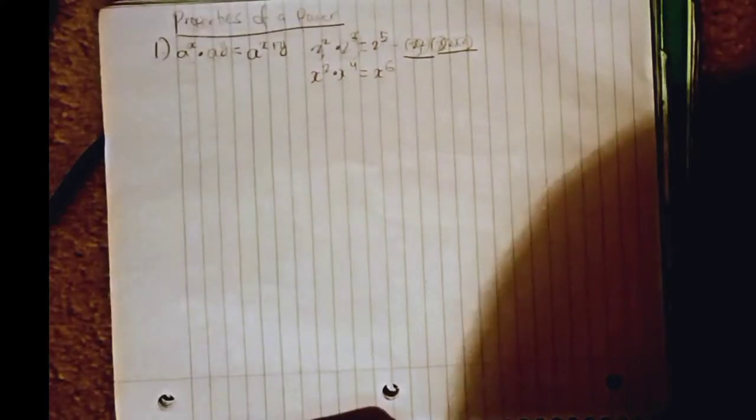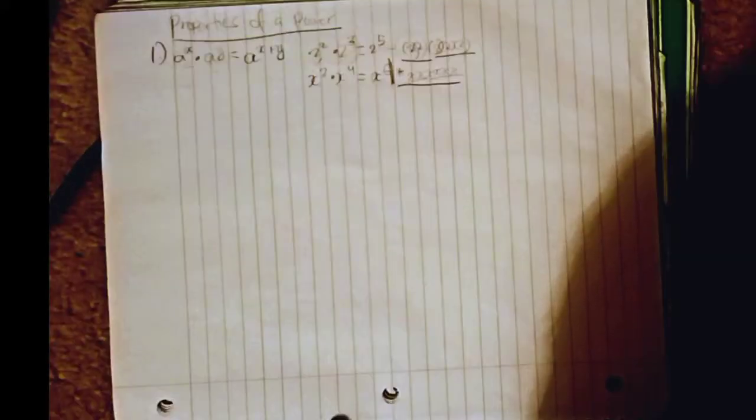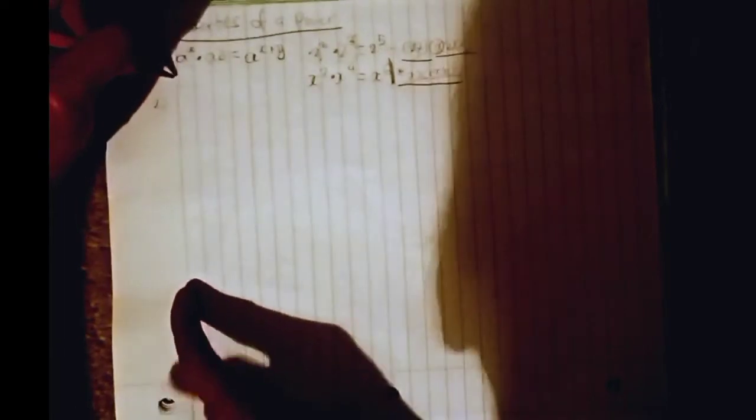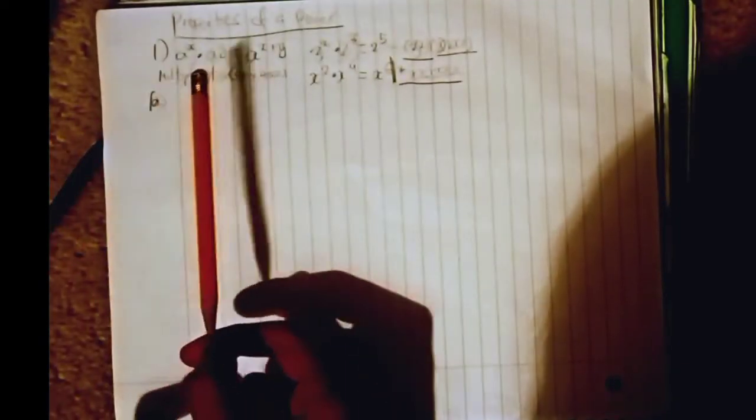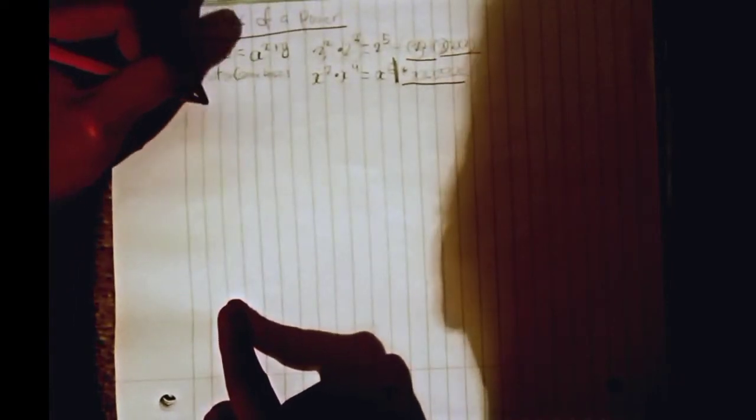What about this one? x squared and x to the 4th, we keep the same base and add the exponents. If we expand it... Actually, if they have a different base, then the bases would multiply.